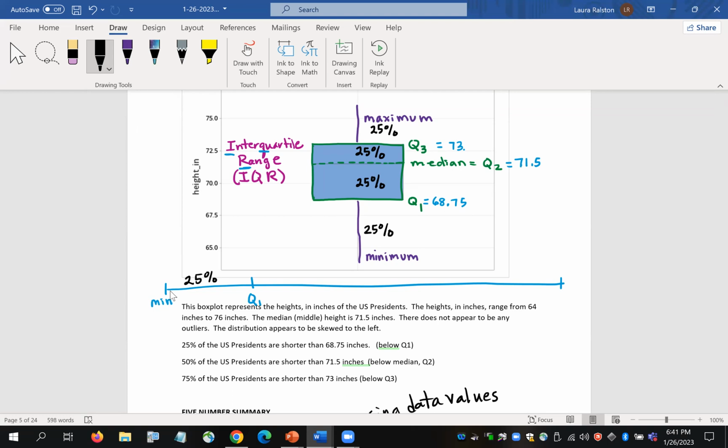So 25% of the US presidents, because that's what I'm talking about in this particular example, are shorter or less than 68.75 inches, because that's the value that has been calculated from the data for Q1.